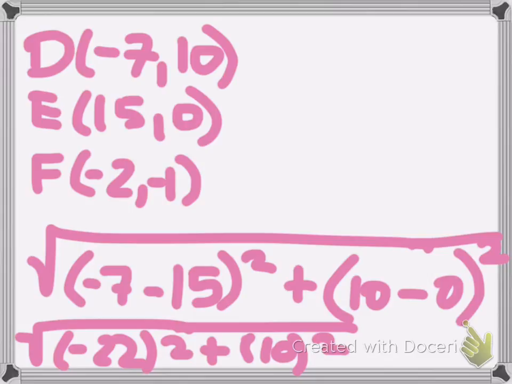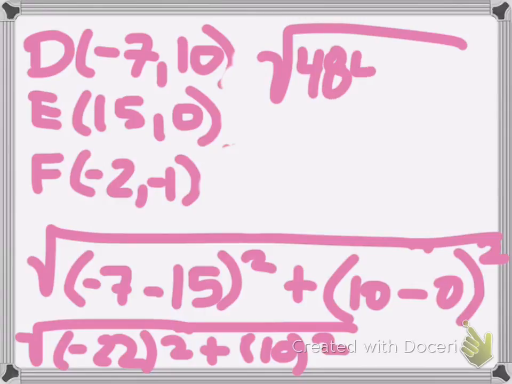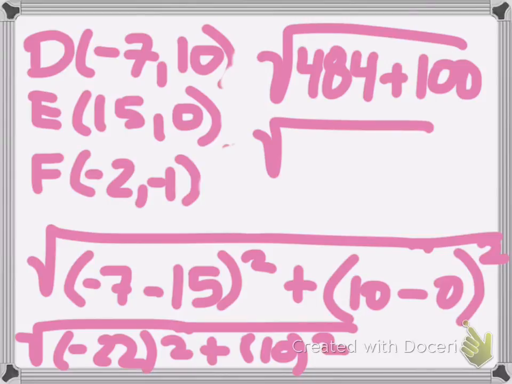Negative 22 squared would end up giving me, let's see, that would be 22 times 22. Let me do that the long way. I would get 484. So I have the square root of 484 plus 10 squared, which is 100. So I have the square root of 584. So that would be DE.